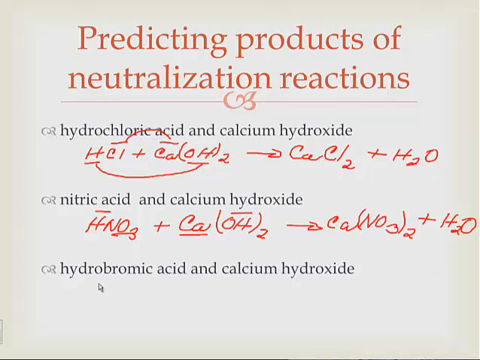And finally, let's write hydrobromic acid. This is a binary acid, no oxygen here. So it goes H, bromic, Br, +1, -1, plus, let's try another base here. Let's try potassium.